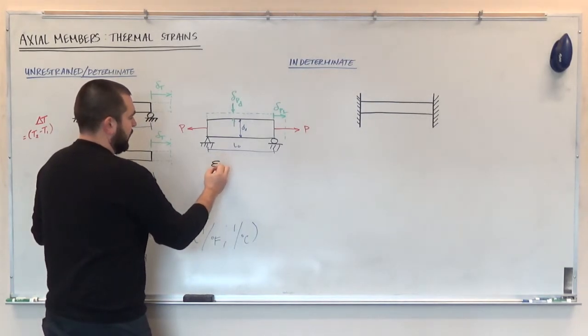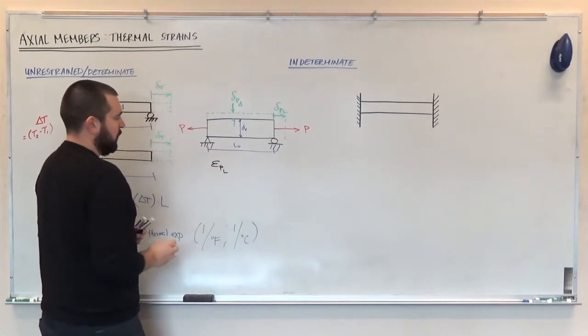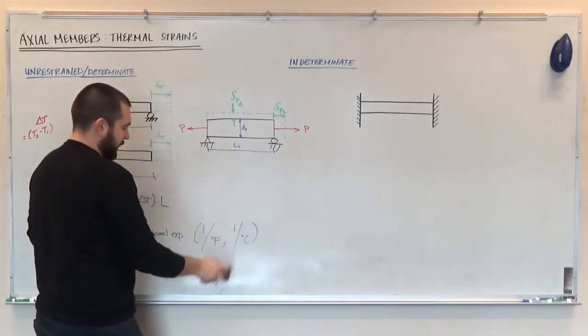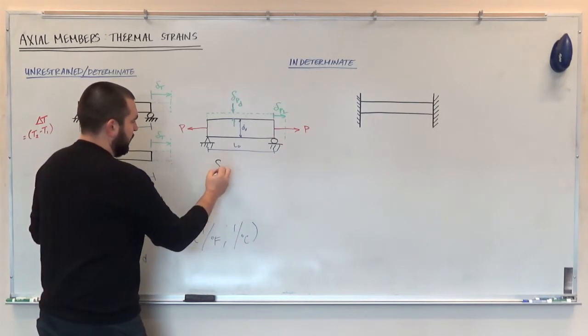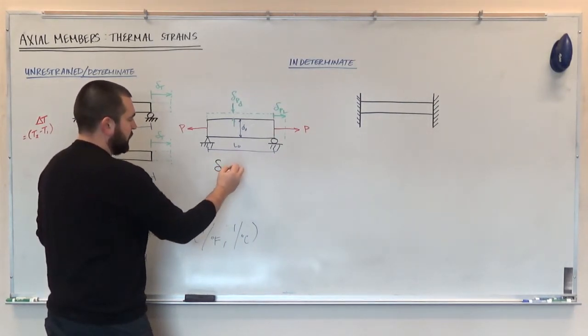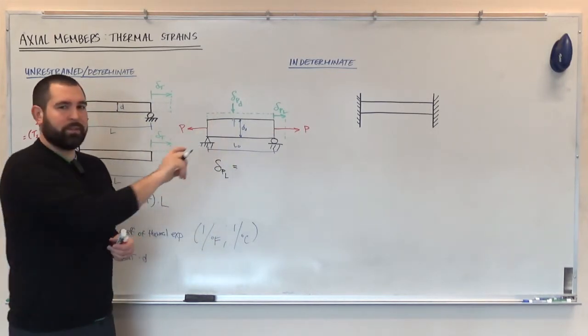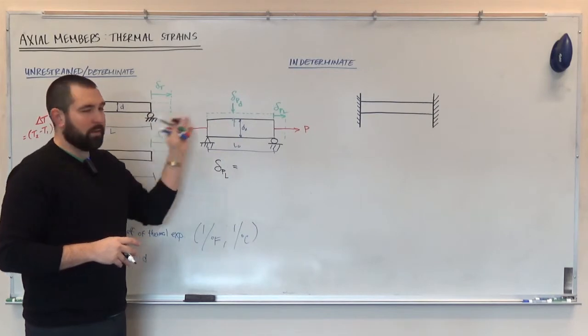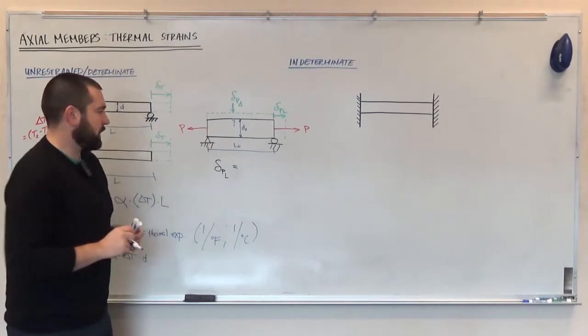We need to calculate, well, there's a couple different ways that we can do this. We could try to calculate the normal strain due to the load in the longitudinal direction, but we have a shortcut for calculating the change in length. So the change in length due to the applied load in the longitudinal direction. Here we have a constant cross-sectional area. We've got a constant load, internal normal force, the entire length.